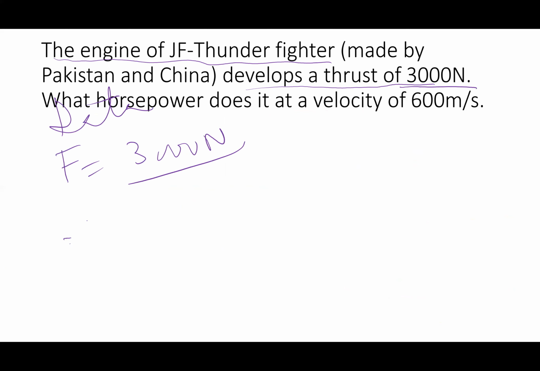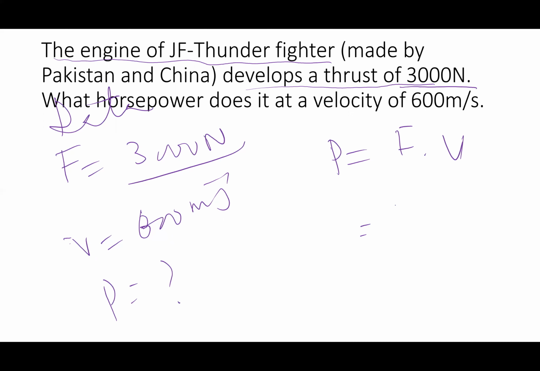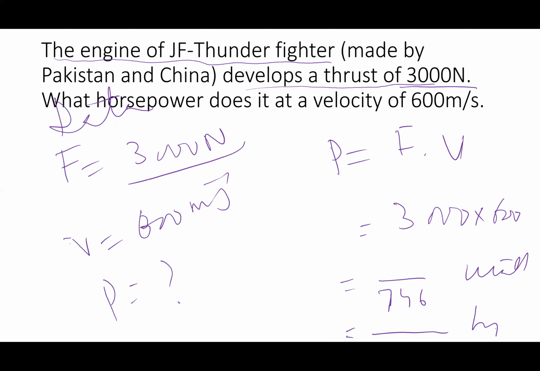What horsepower does it develop at a velocity of 600 meter per second? Power is equal to F dot V. 3000 multiplied by 600, you will get the answer in watt. Divide by 746, you will get the answer in HP.